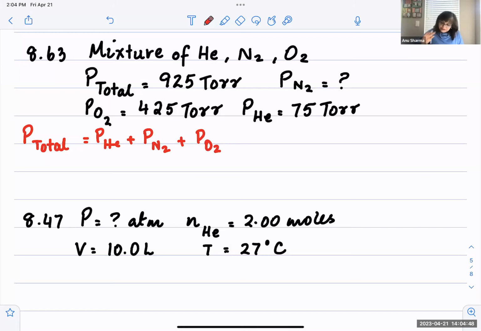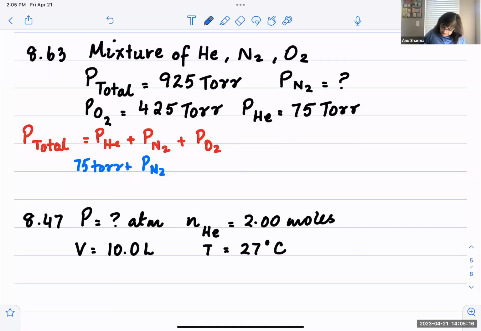Write down what is given to you and what you need to find. We need to find PN2, but we are given the helium is 75 torr. The good part is the units are the same. If the units are not the same, then you need to convert.